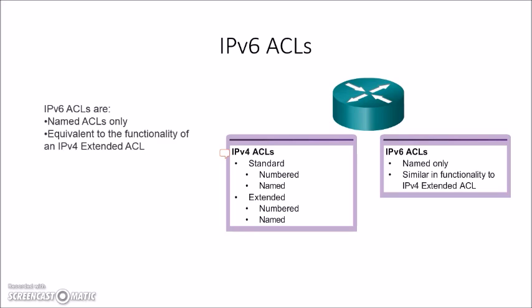Both types of ACLs can be either numbered or named ACLs. In IP version 6, ACLs are named ACLs only, and the functionality is equivalent to the IP version 4 extended ACL.